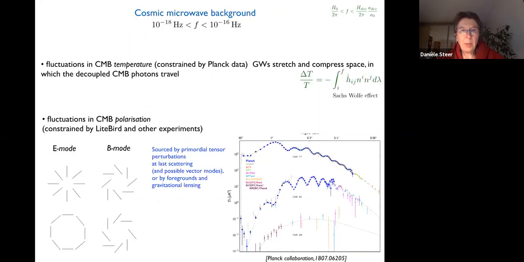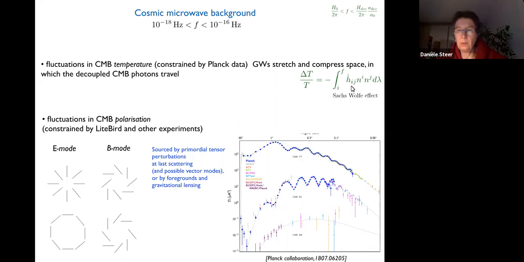So the cosmic microwave background constraint, I won't say much more than what I've already said. It's constrained by Planck because of the Sachs-Wolfe effect: the existence of a gravitational wave background, so of non-zero h_ij, deforms space-time.